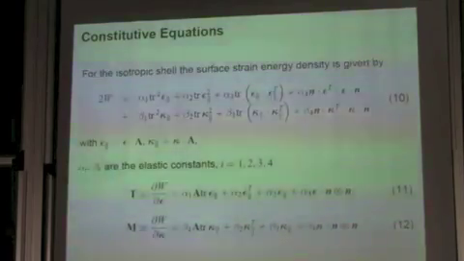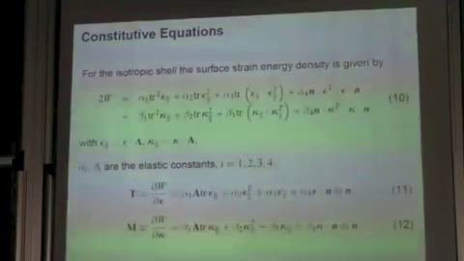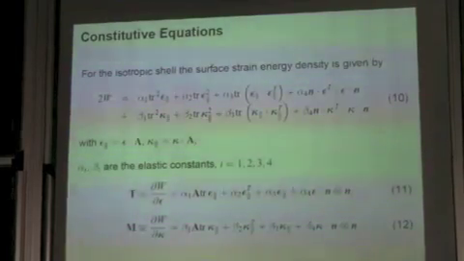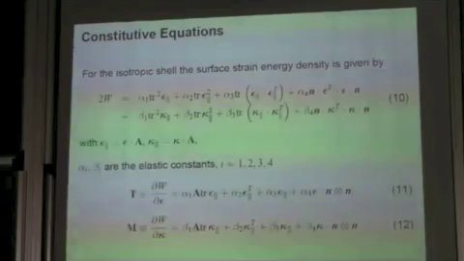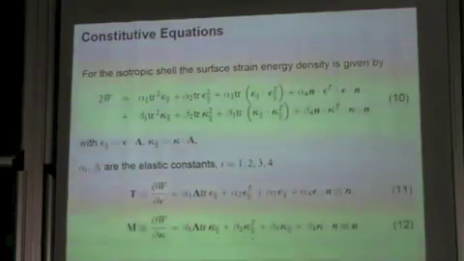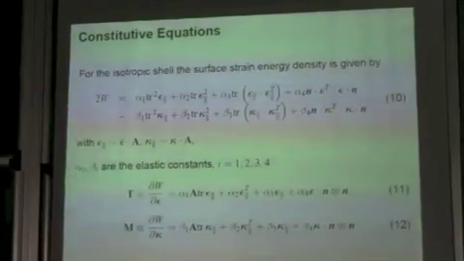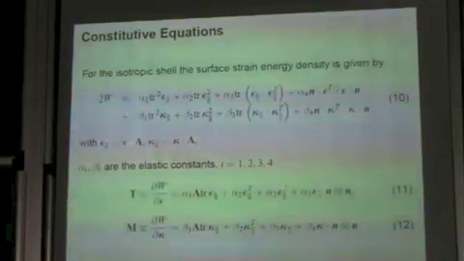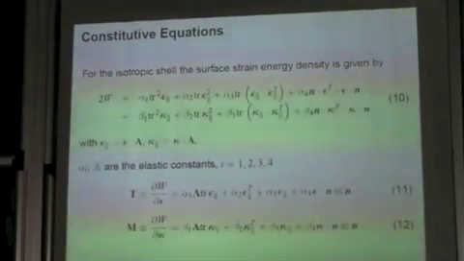The last task in this field is the formulation of constitutive equations. Let us assume that we have an isotropic shell, and then in this case we have such type of strain energy density. You see here we have 8 elements in equation 10, and you can see there are contributions again which are related to the energy properties, in plane properties, and the other are out of plane properties.